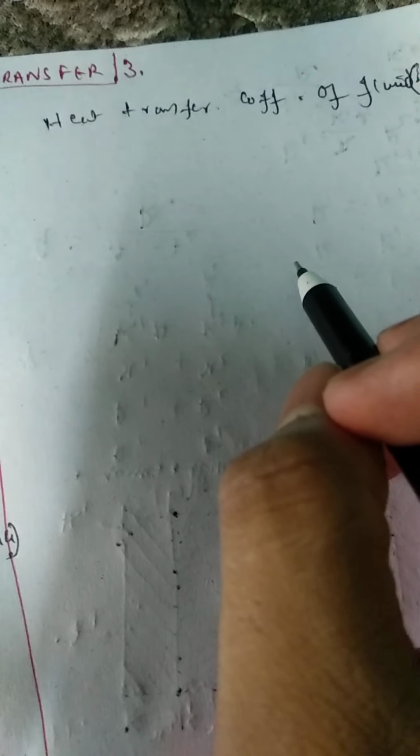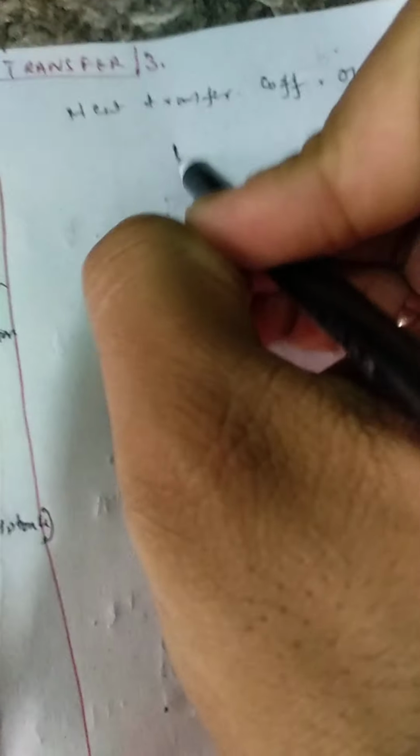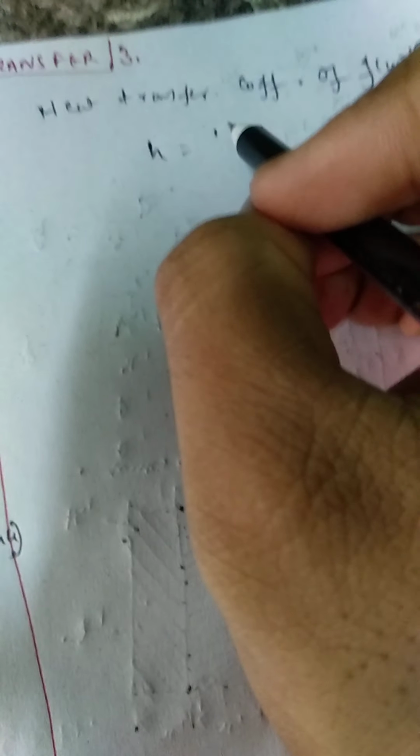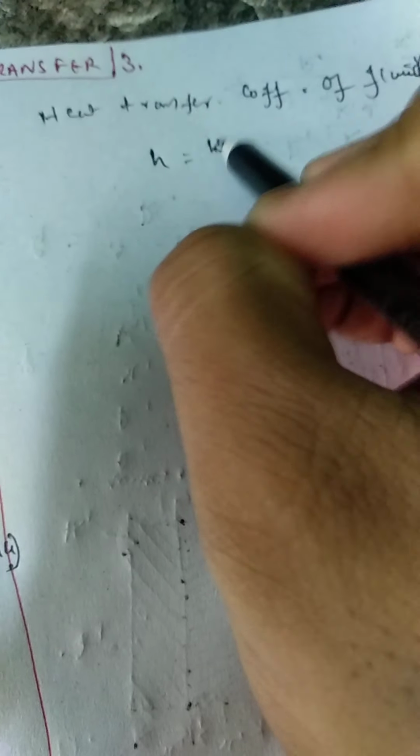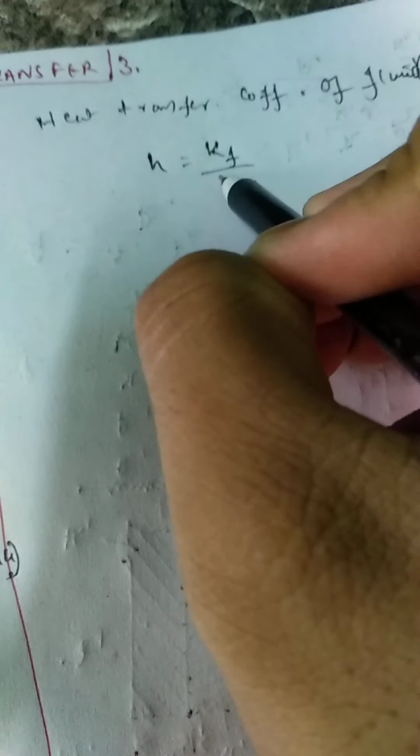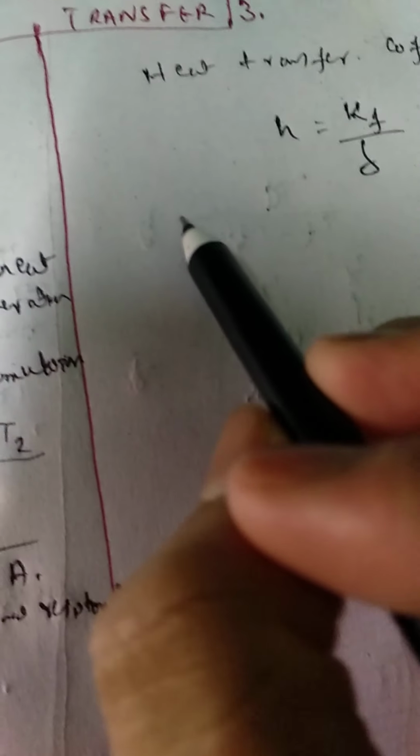Now this h is equal to Kf by delta. Now first of all, here consider a diagram.